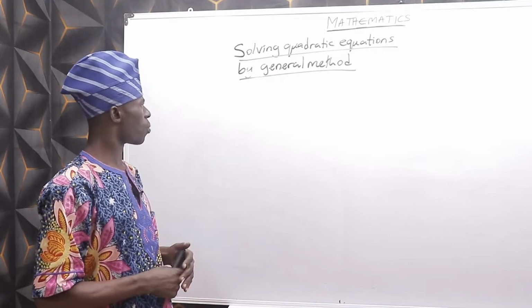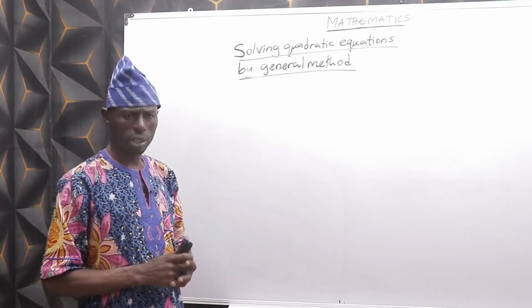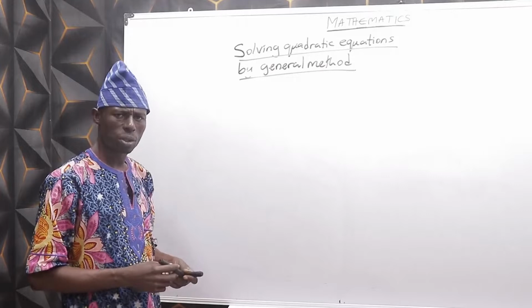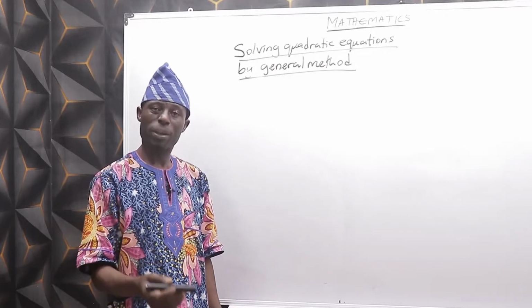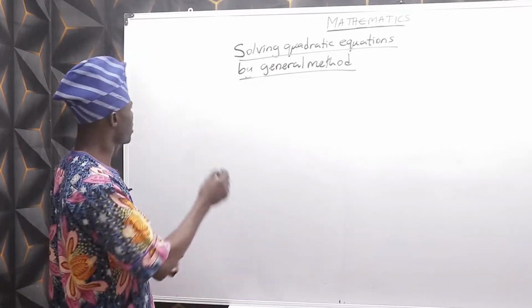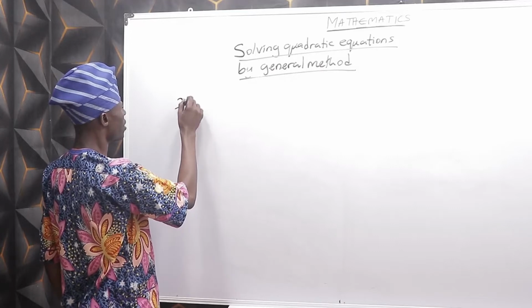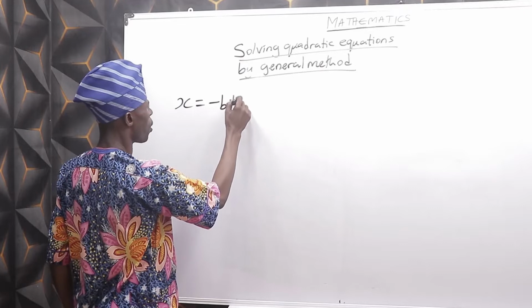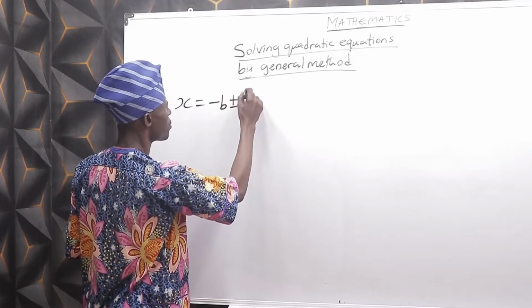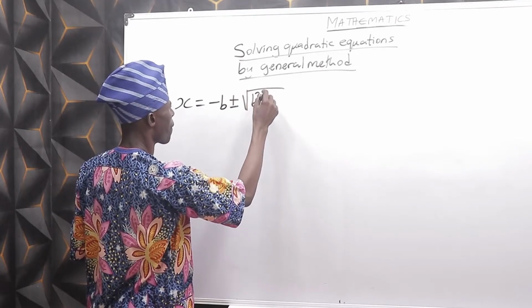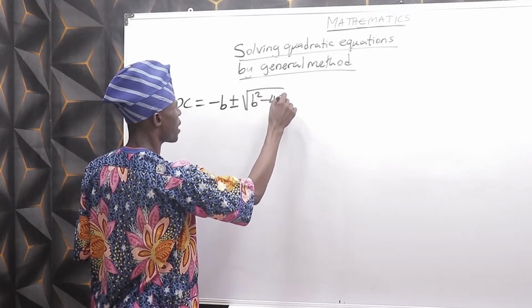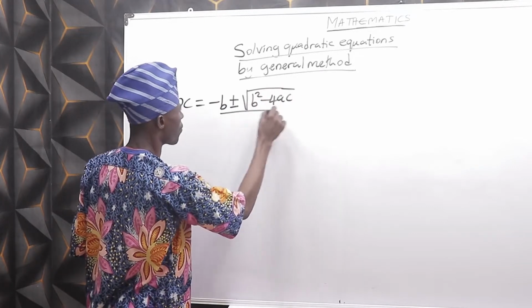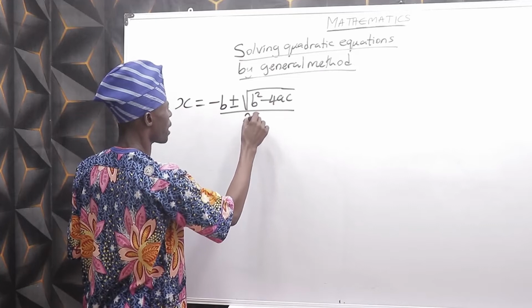So, solving quadratic equations by general method. This general method is begotten by completing the square method. This general formula is x equals minus b plus or minus square root of b squared minus 4ac, everything over 2a.